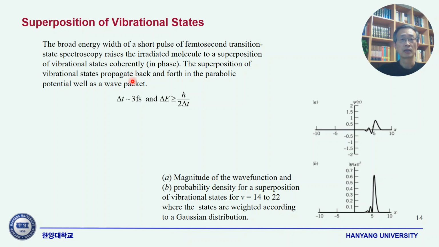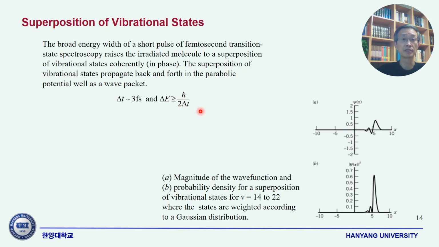And then what you are observing here is that energy and time are conjugate variables in the uncertainty principle. So delta t times delta E is equal to or greater than h over 2.